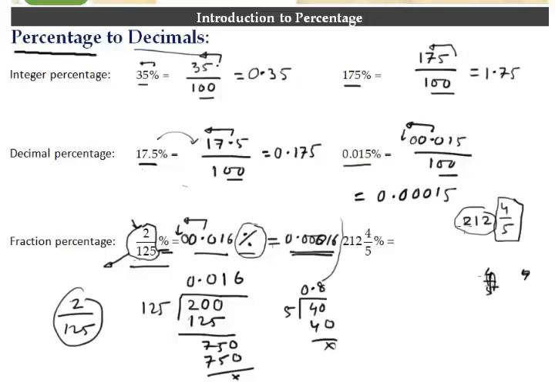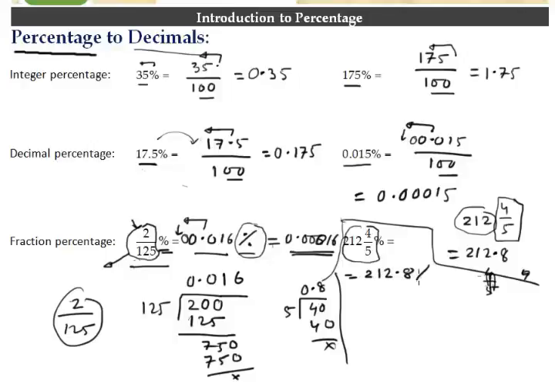So 212 and 4 out of 5 can be written as 212 decimal point 8. If we convert only this value part, we are getting 212.8, 212 decimal point 8 percent.